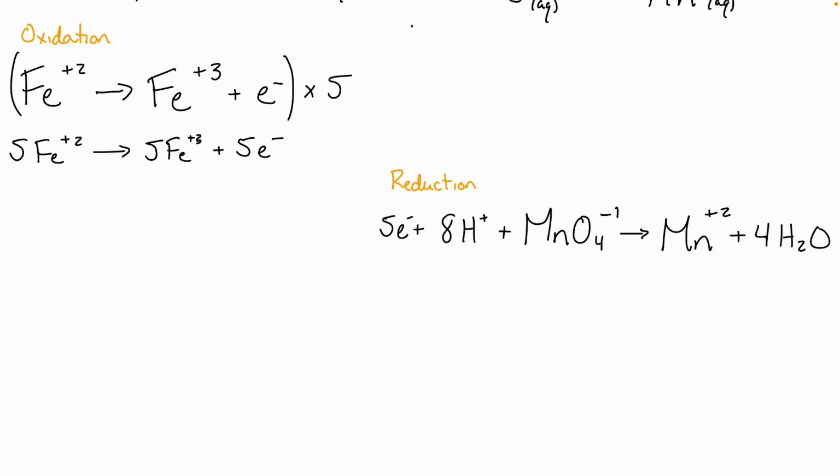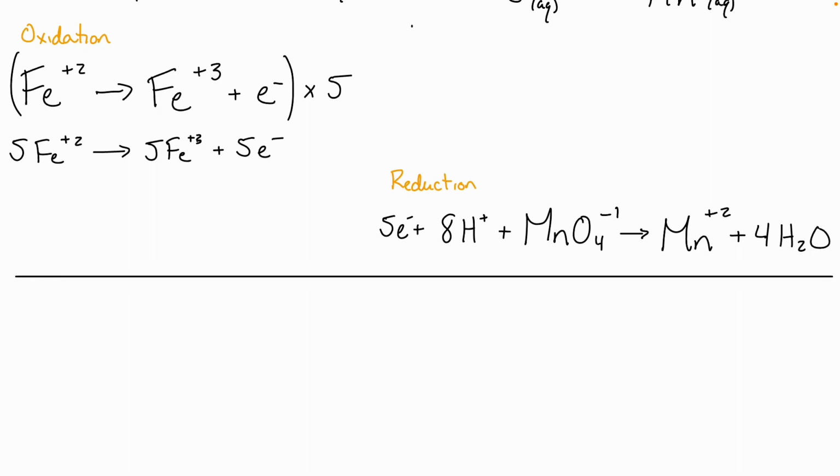All right, again, my goal is to combine this into one balanced chemical equation, but in order to combine it, I need those electrons to cancel out. I need to have the same number on both sides. So I'm going to multiply this reaction, the whole thing, by 5. All right, and now I can combine. Everything on the reactant side from both is going to be on my reactants, so we'll add these two together.